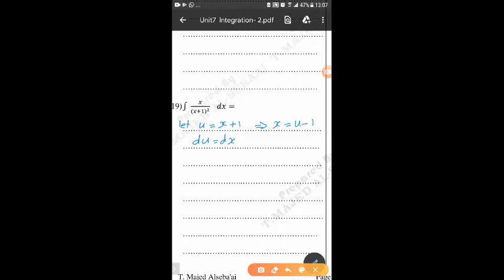du equals dx. Then I equals the integration of what is x? It is u minus 1, over x plus 1, which is u squared, dx is du. Is this easier than this?